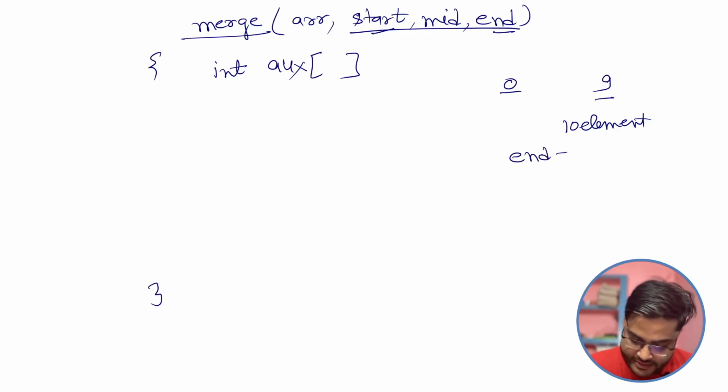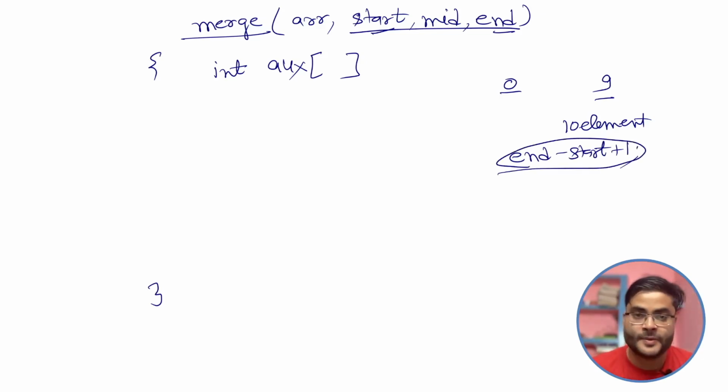So what I will write: end minus start plus 1. Those many elements will be there. So it will be the same as the size of the array which we are sorting. Let's say I want to sort an array of size 2, so it will be 2 only. If I want to sort an array of size 5, it will be 5 only.